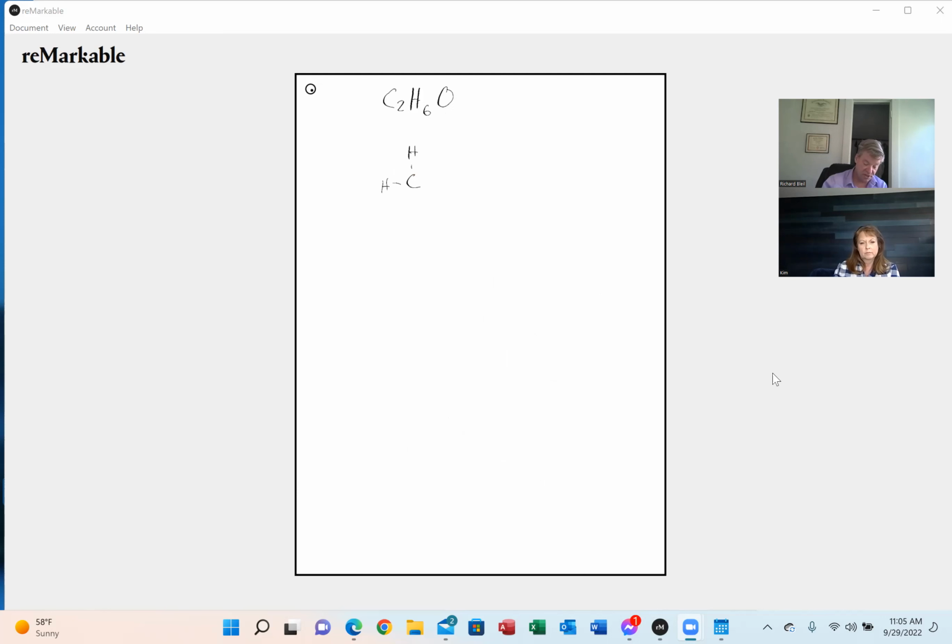Each of these carbons has four groups with no lone pairs, so each of these carbons has a shape of tetrahedral. But the oxygen has 2 lone pairs.